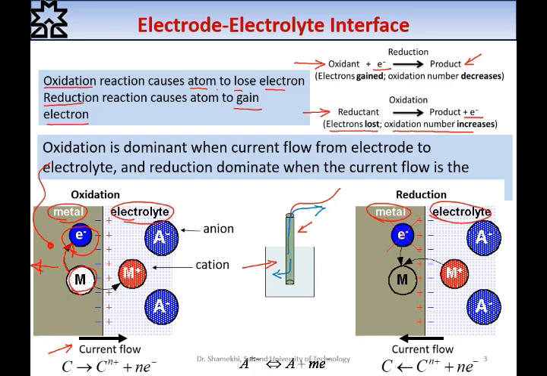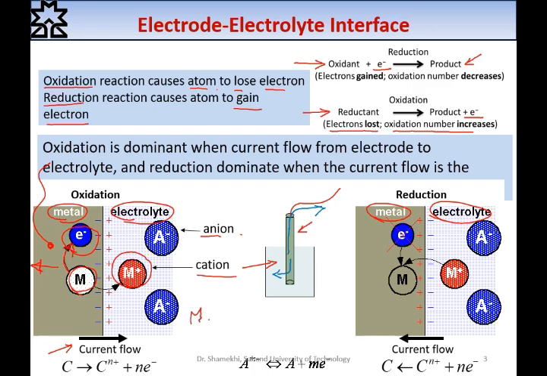Okay, after losing the electron, we have an M plus ion, and the M plus ion as a cation can react with an anion.